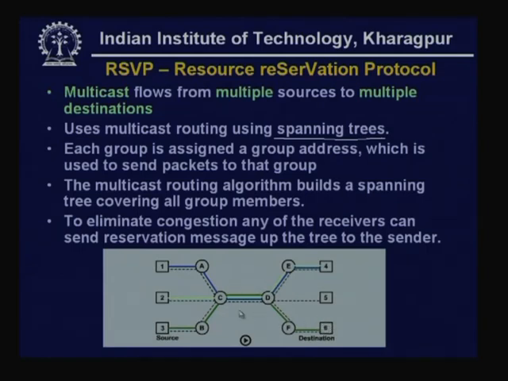Now the nodes C and D have to find out whether there exist enough resources between C and D, and only then will they allow destination station 6 to set up the virtual circuit. So we find that in this way the resources are reserved before the transmission of data takes place, and this is very important, particularly in multicasting applications.